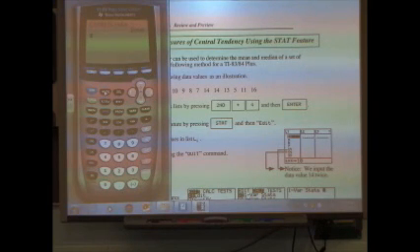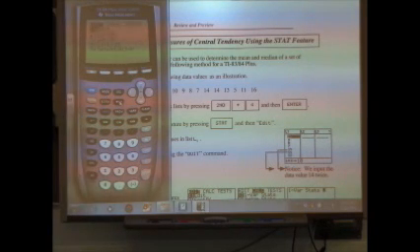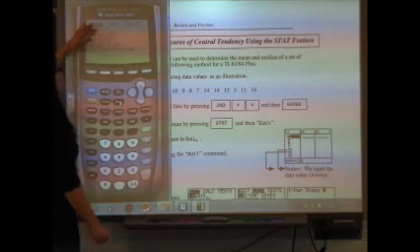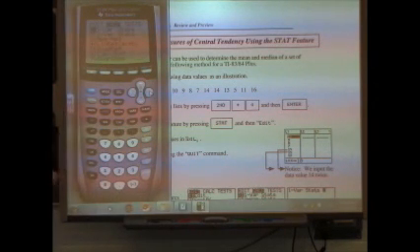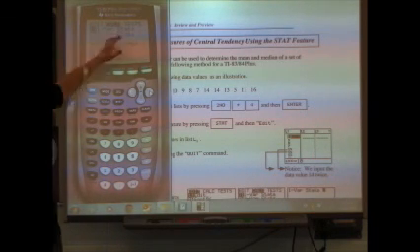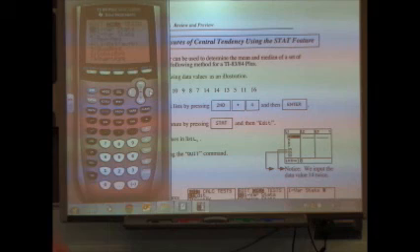Now the next part is, let's say I want to get some of these measures of central tendency. I press the stat button again, only this time I don't want to edit the lists. I want to do calculations with the list. The calculation that I want to do is a 1 var stat, one variable stat.